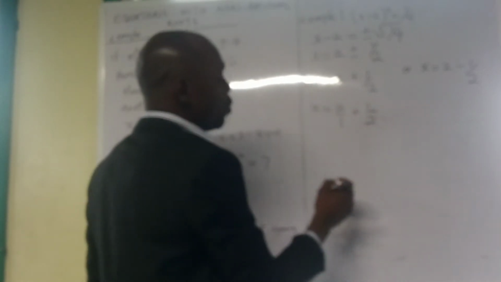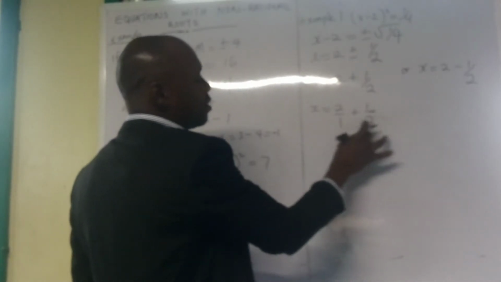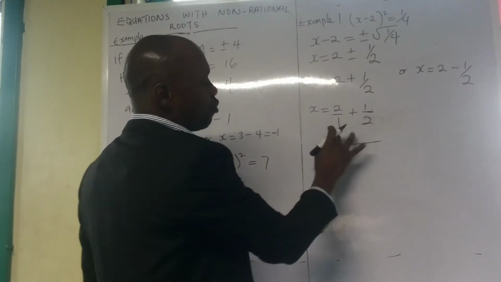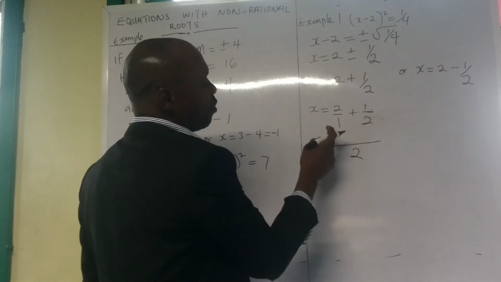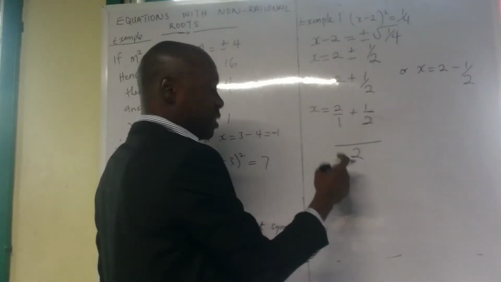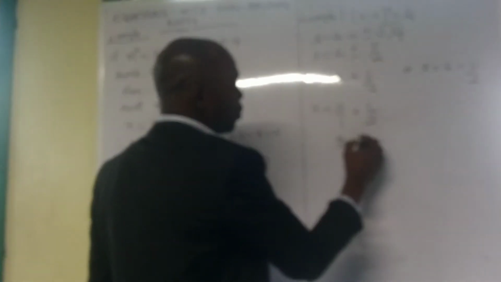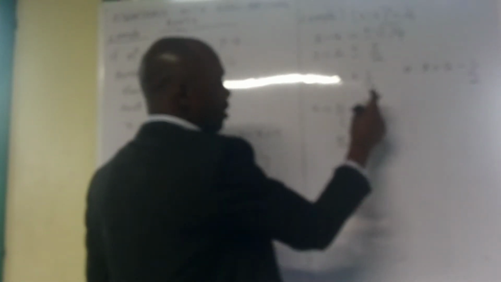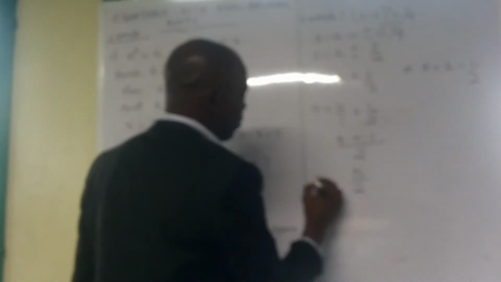So we look for something that can divide the denominators, the down ones. So we pick 2. 2 times 2 is 4, plus 2 into 1 times 1 is 1. So here now becomes 5 all over 2. That means x equals 5 over 2.